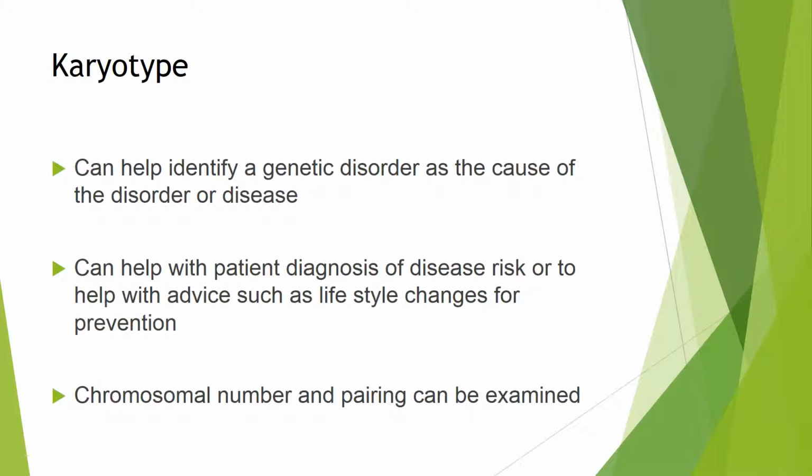So a karyotype can also help identify a genetic disorder as the cause of the disorder or disease. It can help with patient diagnosis of disease risk. Or maybe if a patient is aware of specific genetic risks that he or she may have, or gene mutation risks, they can make lifestyle changes that would prevent the expression of that gene or that mutation.